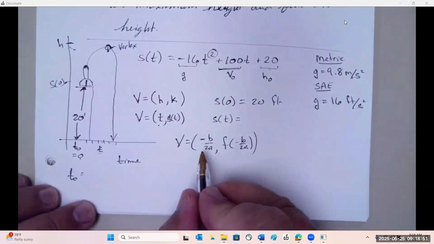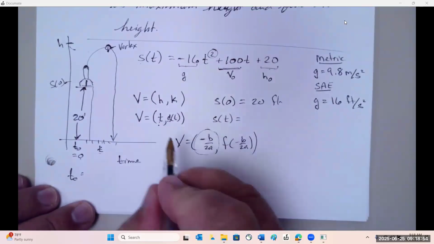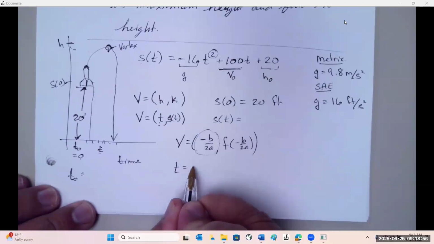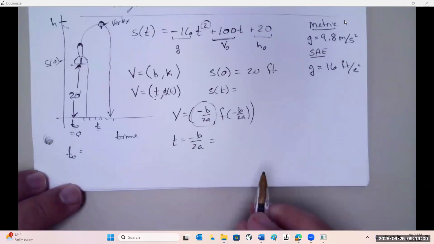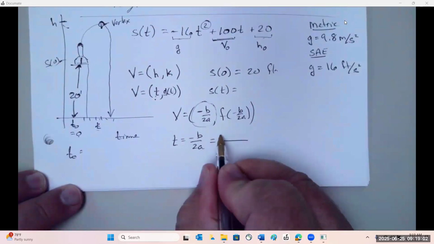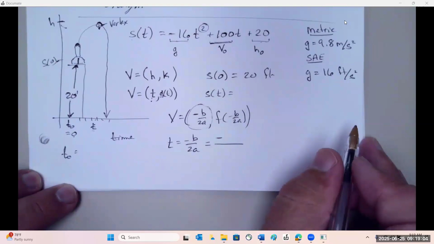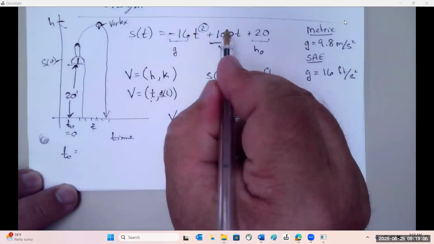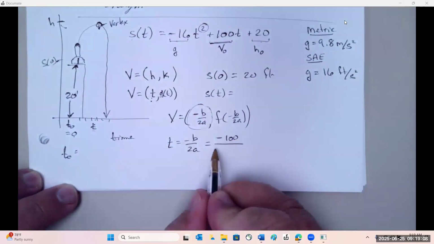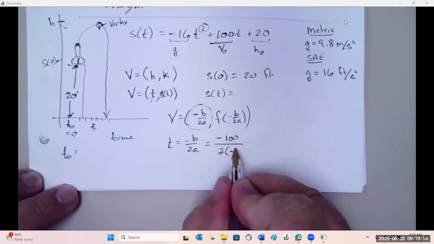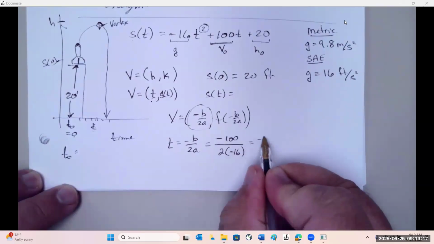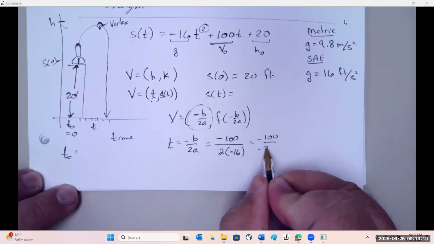Since this is the x value, in our case, it's the t value. It's negative b over 2a. So what is b? B is 100. What is a? Negative 16. So we got negative 100 over negative 32.